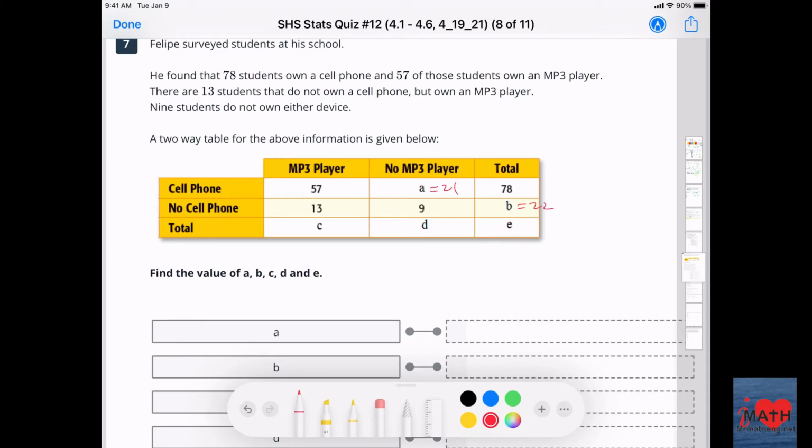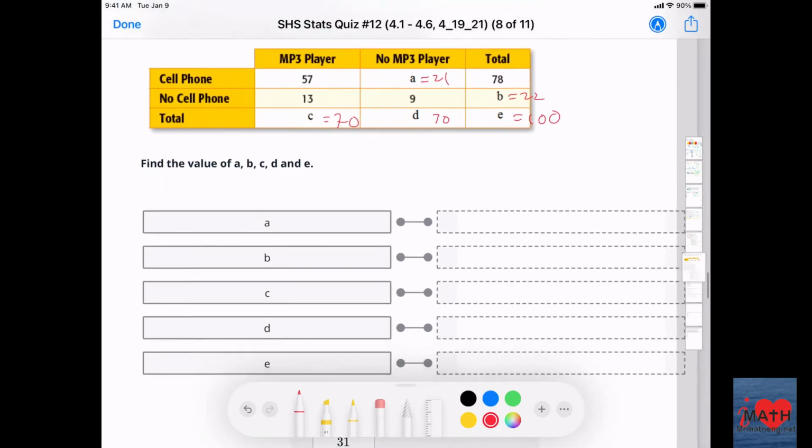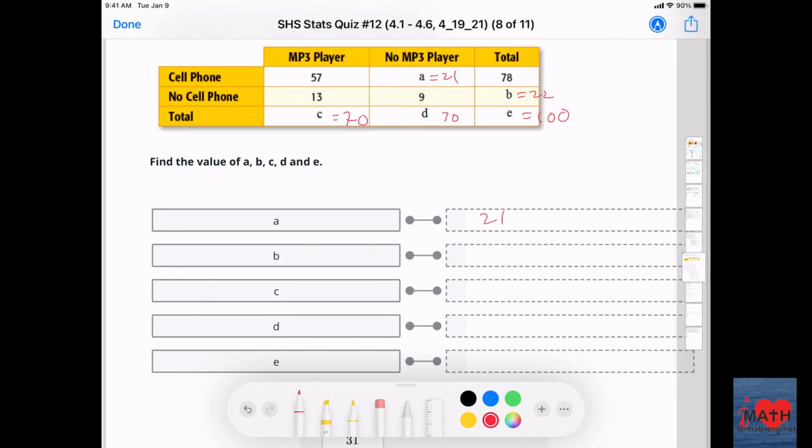Going down, 21 plus 9 gives me 30, and if you add that, you would see equals 70. And 70 plus 30 gives you 100, and 78 plus 22 gives me 100. So A is 21, B is 22, C is 70, D is 30, and E is 100. So that's just filling out a two-way table.